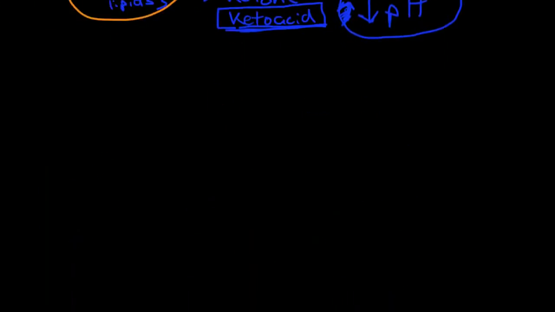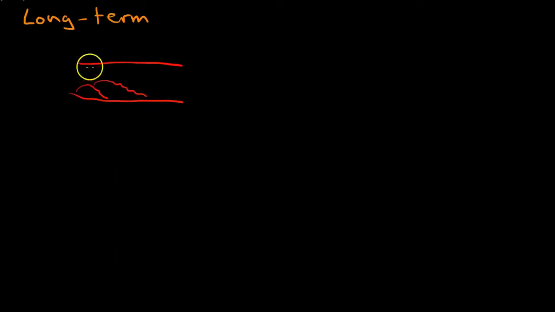The next thing I wanted to talk about are the long-term complications. The major long-term complications from diabetes are primarily due to the effects of chronic hyperglycemia on the endothelial cells. Throughout our body, all of our blood vessels are lined with these endothelial cells.